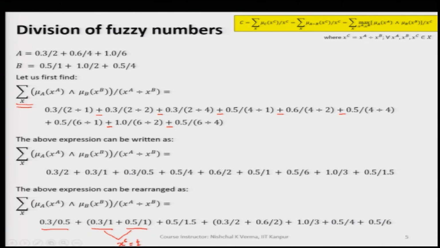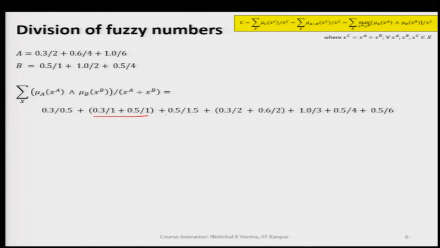So, for such cases, we avoid the conflict by taking the max of the membership values. So, we will take max in the next step. But we need to understand that all such elements need to be written together.